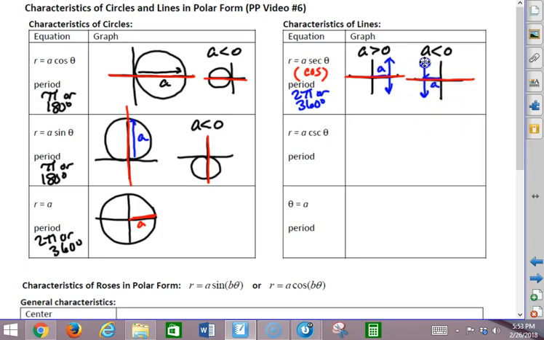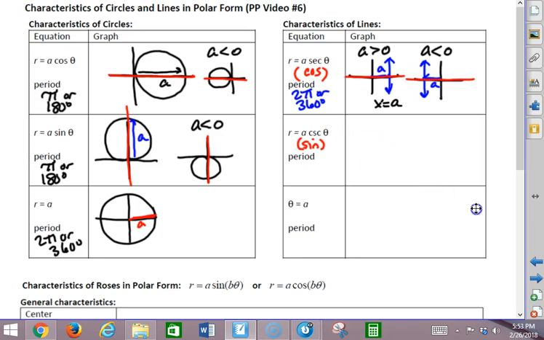It looks the same on each side of a horizontal line. Cosecant goes with sine. It's the reciprocal of sine. So we can also think of this as secant goes with x, or cosine goes with x, and this is the line x equals A. Okay, that's what we actually get. We get the line x equals A when we do this.